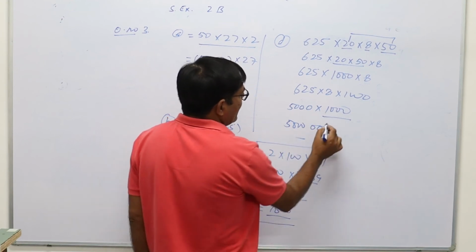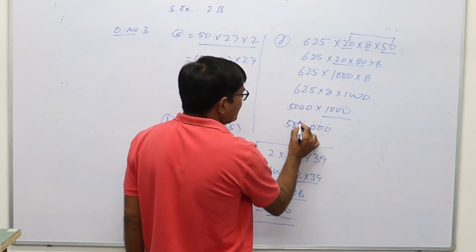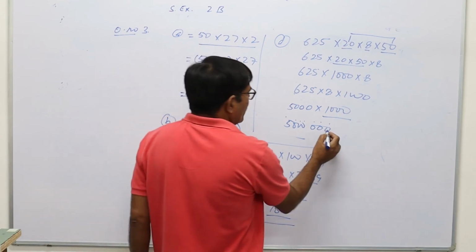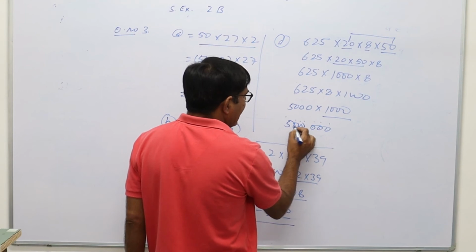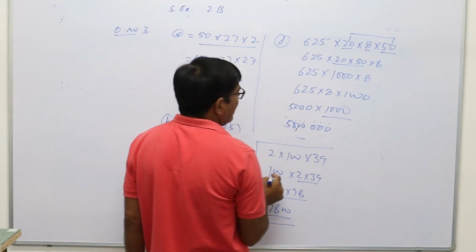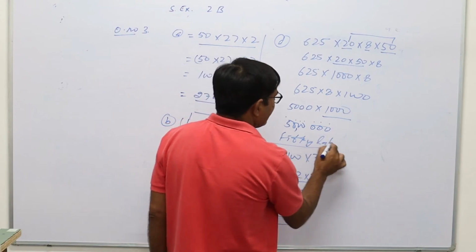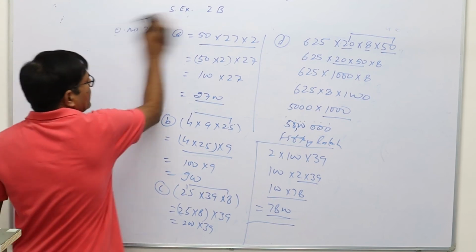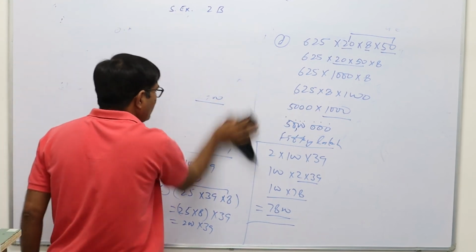Now count unit, tens, hundred, thousand, 10,000, lakh and 10 lakh. So this is 50 lakh. 50 lakh. So please pause it and note down.